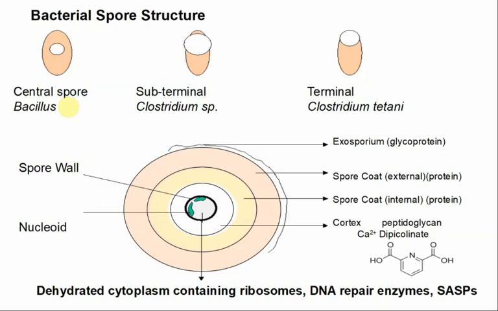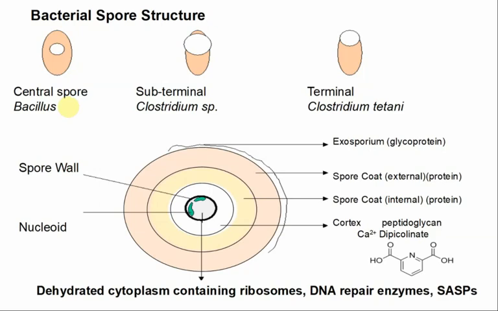Starting from the outside, there may be an exosporium, which is a kind of loosely attached glycoprotein coat, and then a very, very thick layer of spore coat, which is basically packed full of protein.